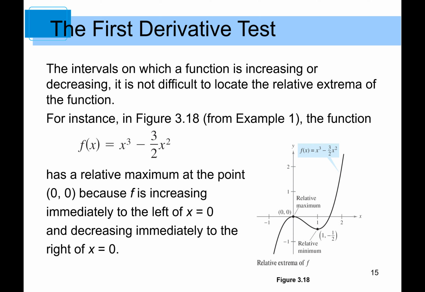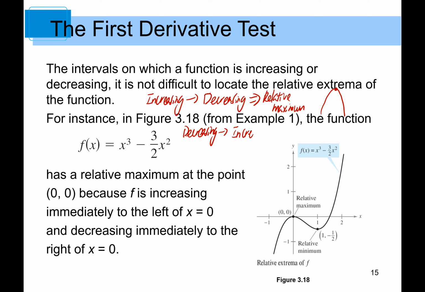If the function goes from increasing to decreasing, that indicates a relative maximum. If the function goes from decreasing to increasing, that indicates a relative minimum. It's increasing, decreasing, relative max.